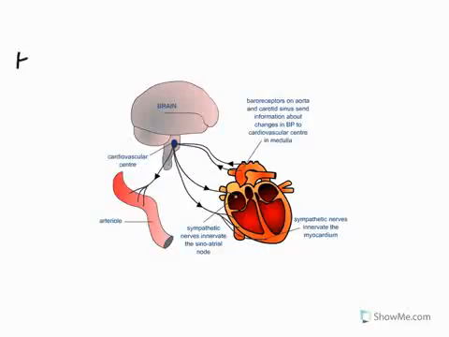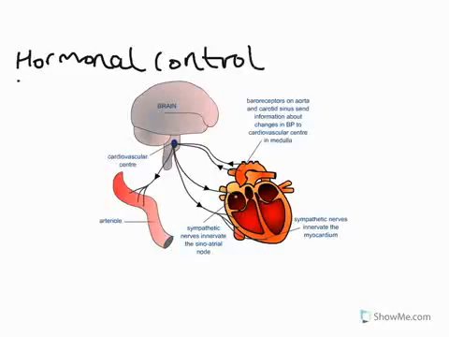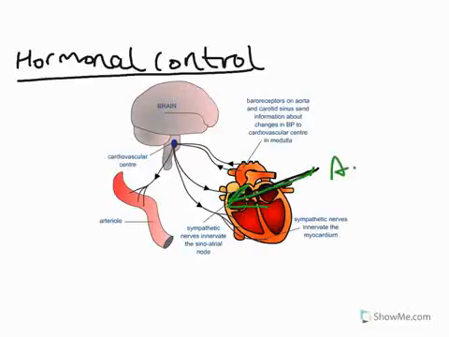We also need to know that we have a different system called hormonal control. Really simple system this. When we experience that excitation of being about to exercise, we often call this the anticipatory rise, for example, we emit a hormone called adrenaline, which acts directly on the sinoatrial node.